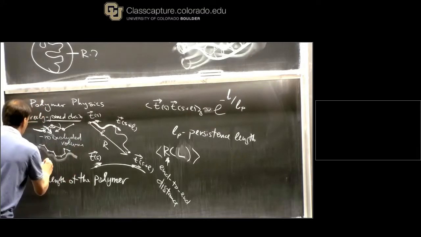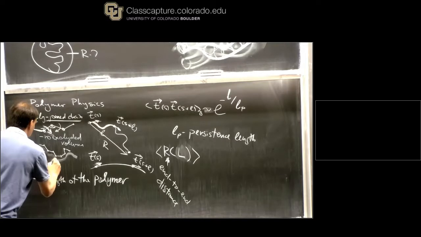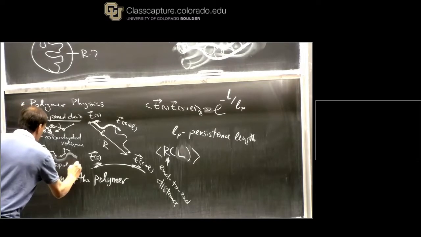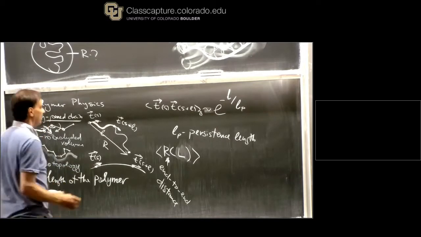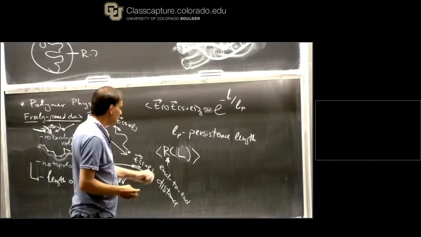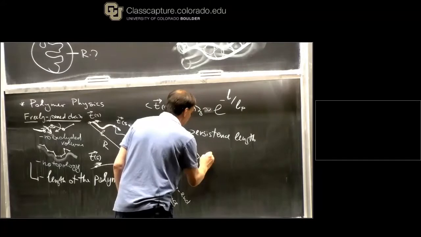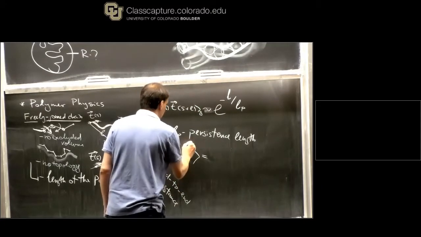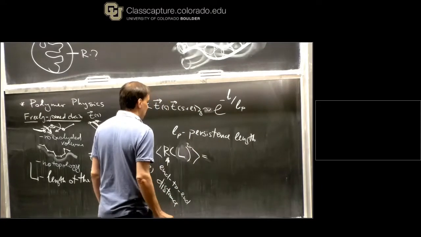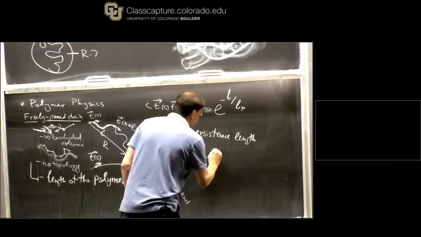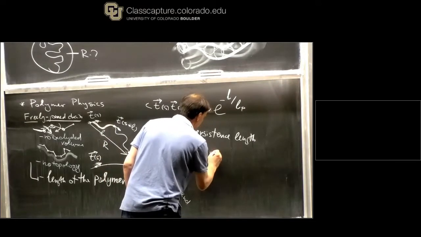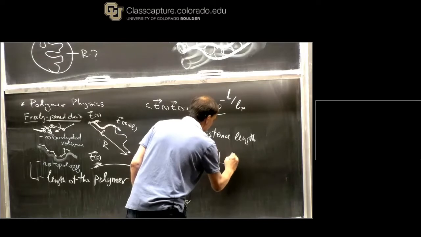And no topological constraints. In this case, I can write down the average end-to-end distance, and it will actually equal, squared, 2 times L times LP.